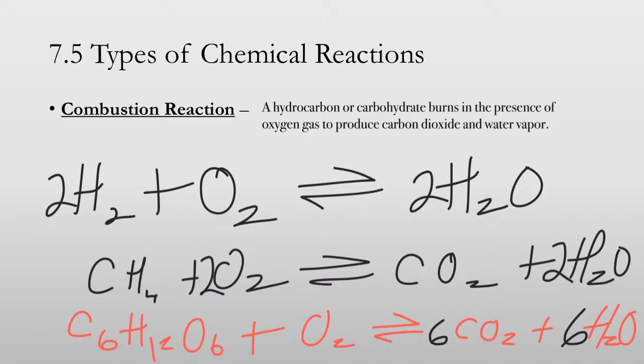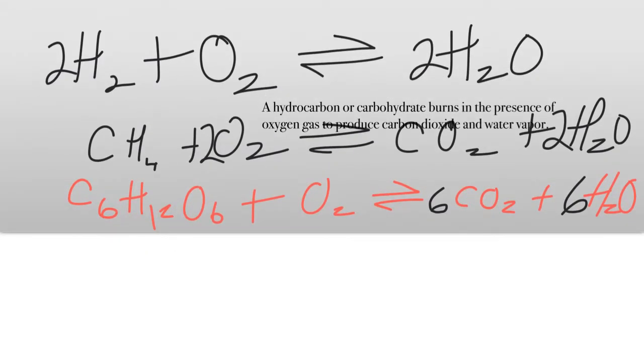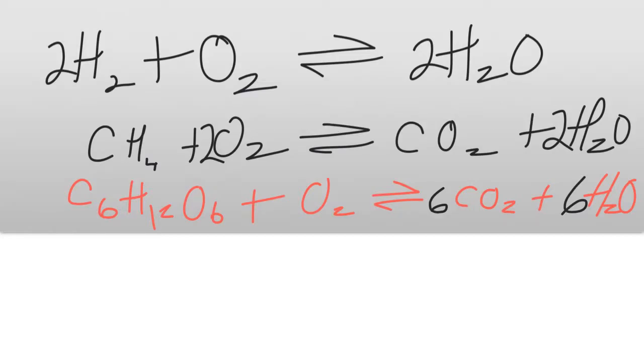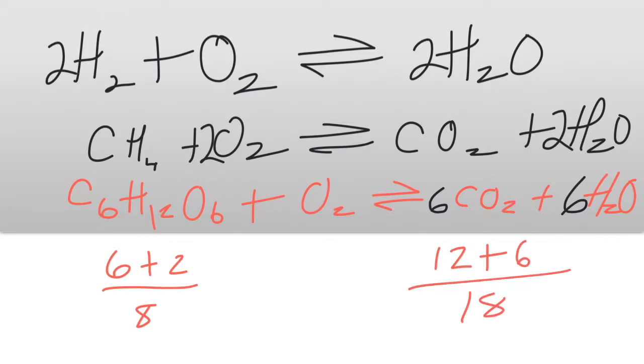Now for the oxygens, it's challenging because you have 2 molecules on each side with oxygen atoms. So let's add them up first, though, and see what we get. We have on the left 6 plus 2 for a total of 8. And here we've got 12 plus 6 for a total of 18.